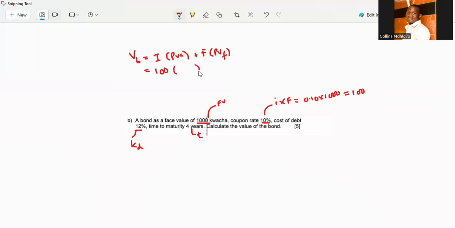And how do we calculate the interest factor? Start with the interest factor before the annuity factor. What's the formula for the interest factor? Yes, Esther. 1 over 1 plus R to the power time.